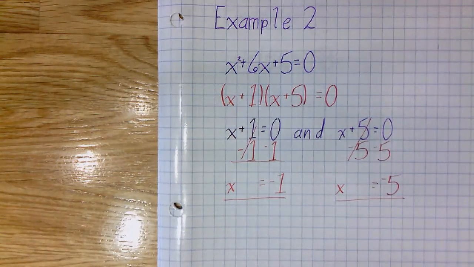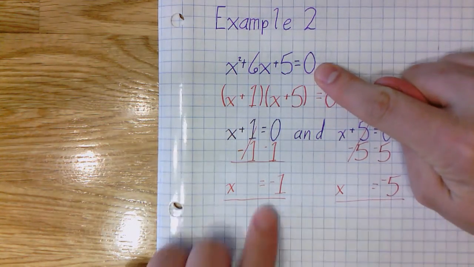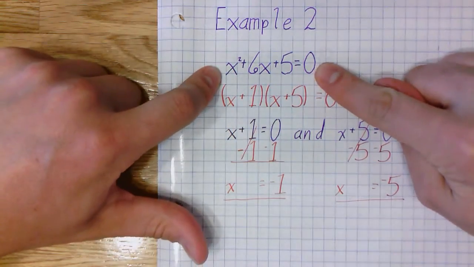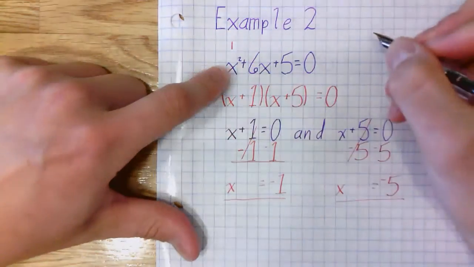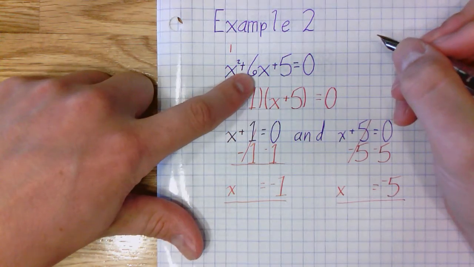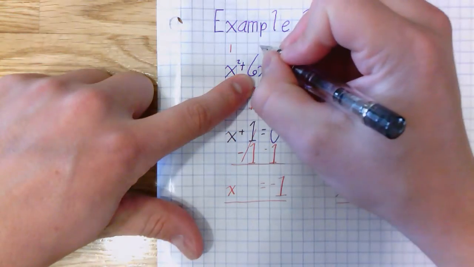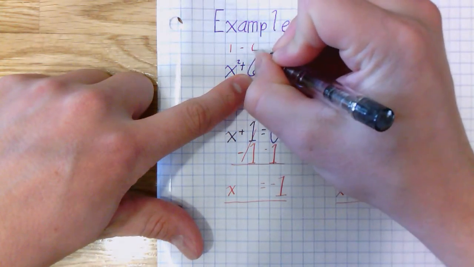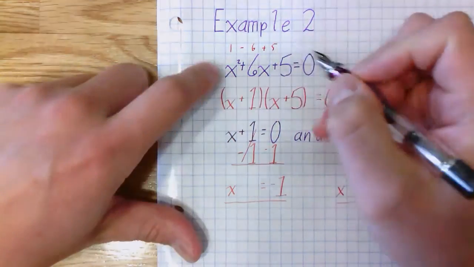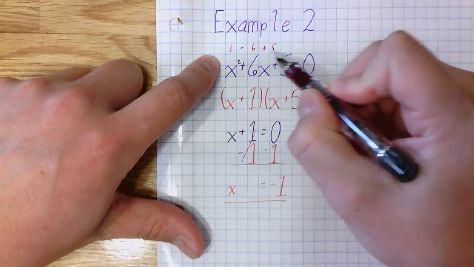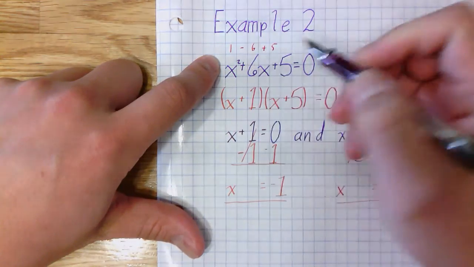And then of course, if you want to check those, you can plug those back into this original equation. If you plug in negative 1, squared would be 1, right? Plus negative 1 times 6 is negative 6, so this would be minus 6, and then plus 5. So 1 plus 5 is 6, and then 6 minus 6 is 0.